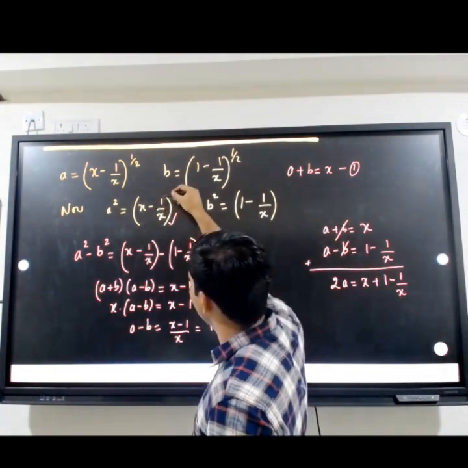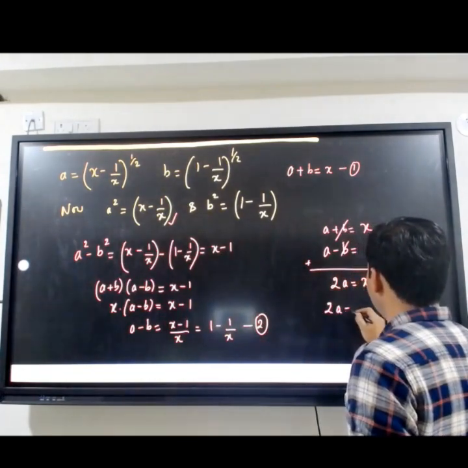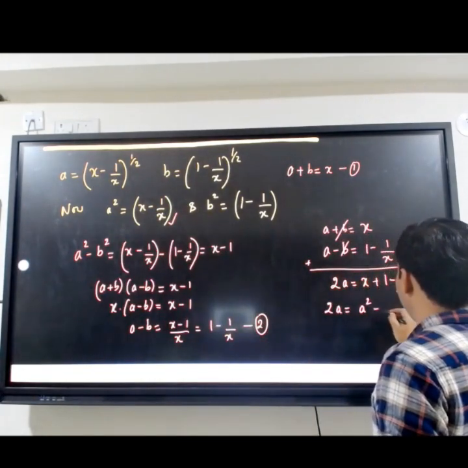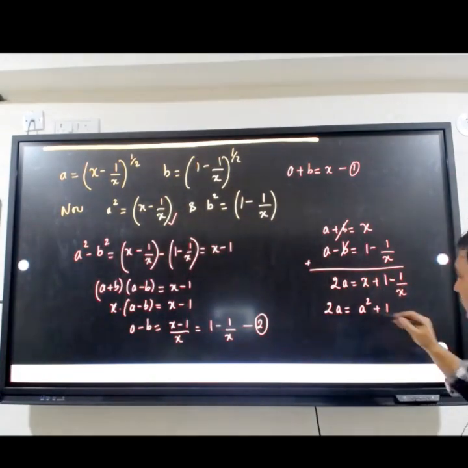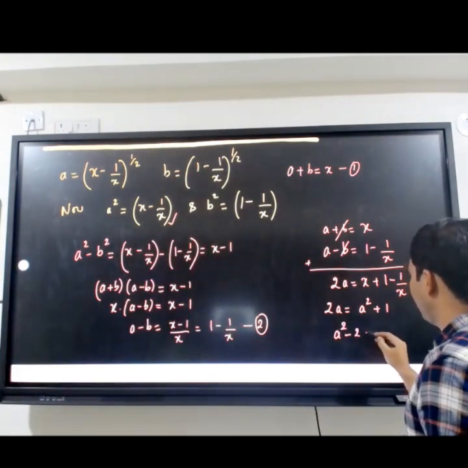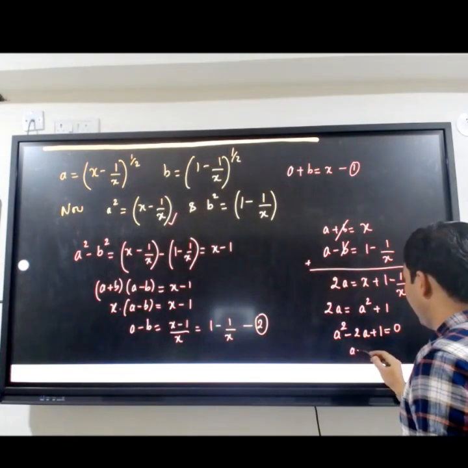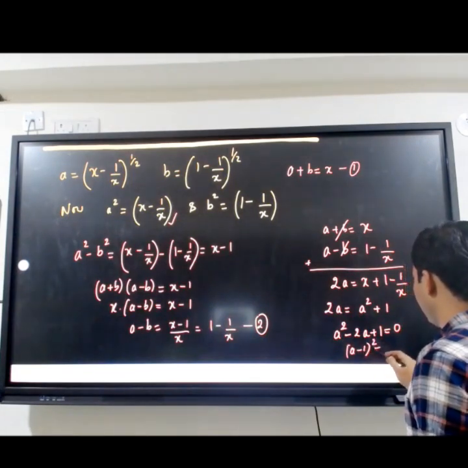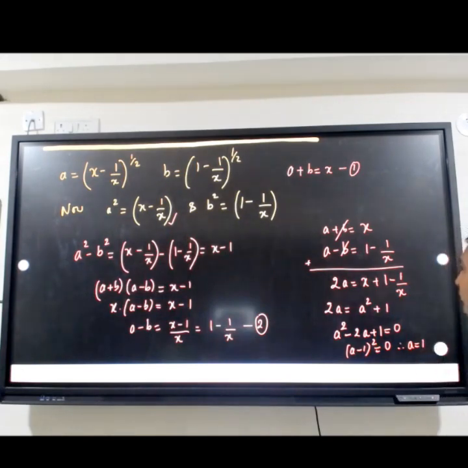Isn't it a square? So I can write from here 2a = a² + 1, because x − 1/x is a². Now when we take all the terms to the right hand side, we get a² − 2a + 1 = 0. So from here I can write (a − 1)² = 0. Therefore a = 1. We get a equals 1.